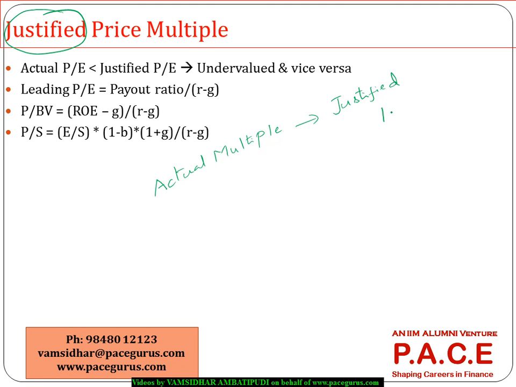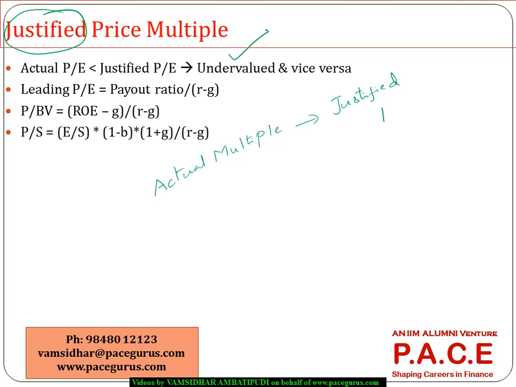Whatever it is, you find out the justified multiple and compare it. If the actual is lesser than the justified, we say that the stock is undervalued, otherwise we say the stock is overvalued. And if the justified is the same as the actual, then we can say it is a fairly valued security.